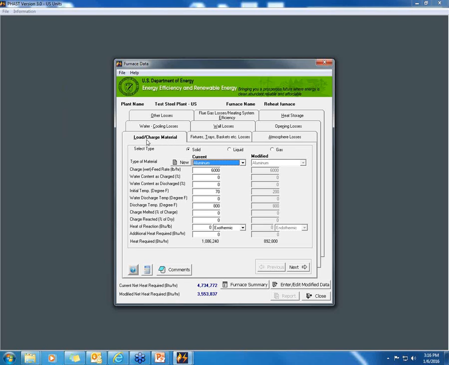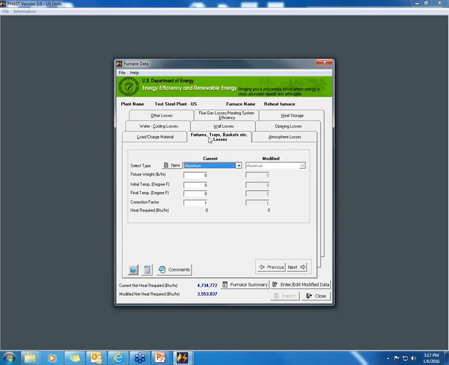The first one is the theoretical amount of heat energy needed to heat or melt your charged material. So this is load or charged material, and here you are seeing heat required, BTU per hour needed. This is the theoretical heat energy needed to heat or melt your charged material.